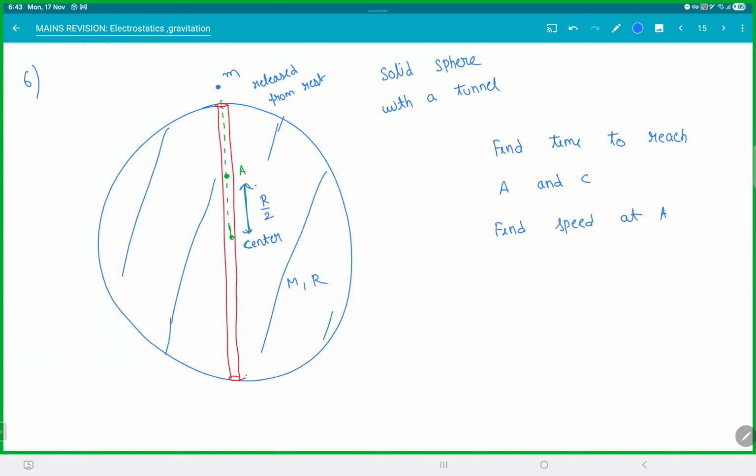We have to use a little gravitation formulas though. T by 6, right? I think so, that looks right. T by 6, yeah? I don't think it is T by 6, right?